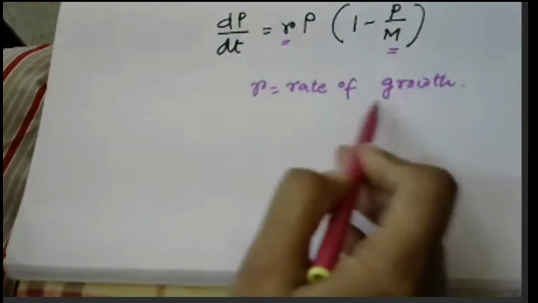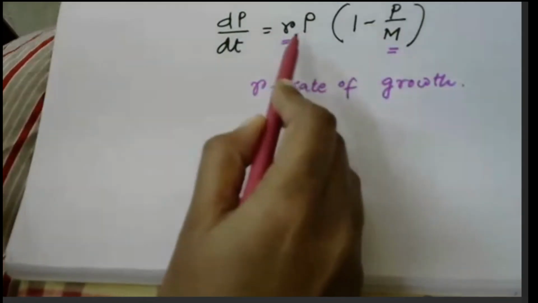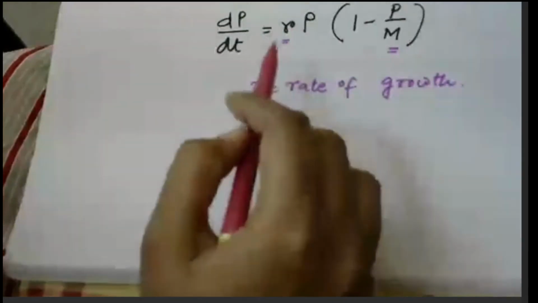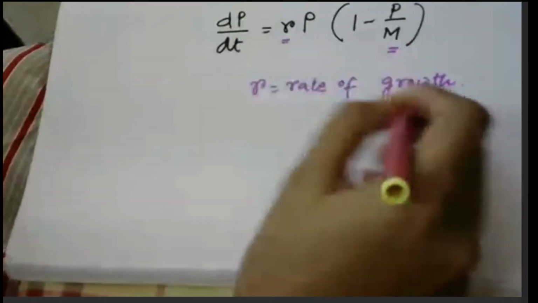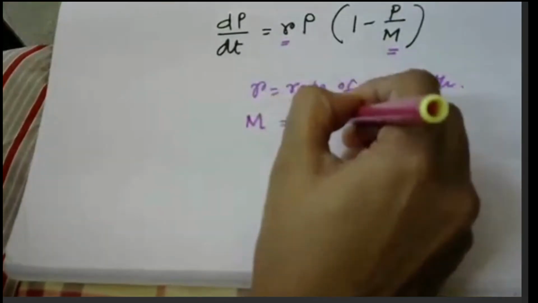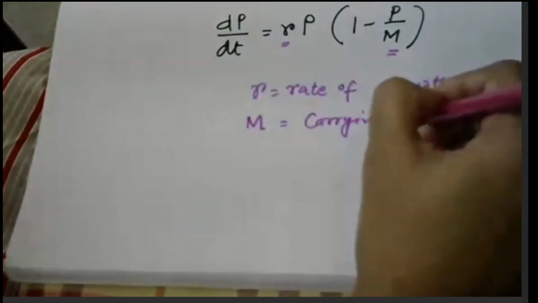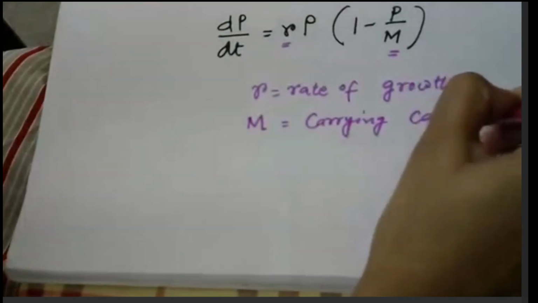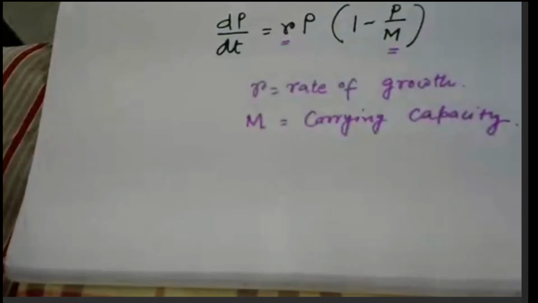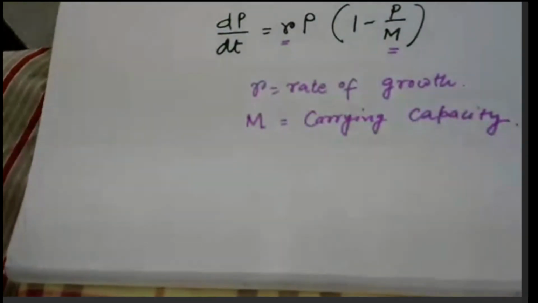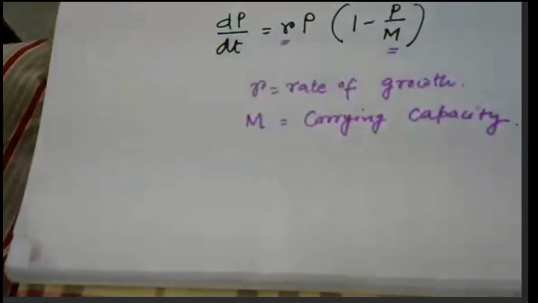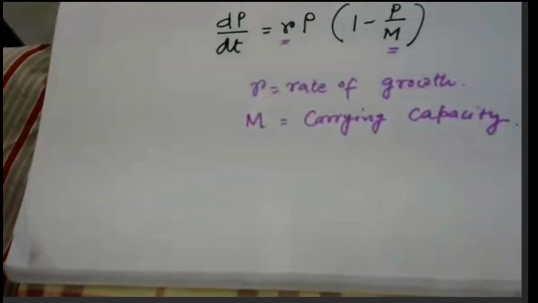If you have P people, then R is the rate of increase of that P in the next time step. So M is called the carrying capacity and R is called the growth rate.